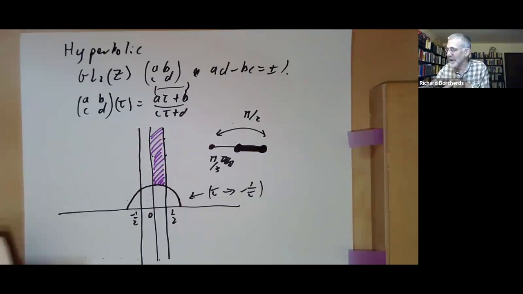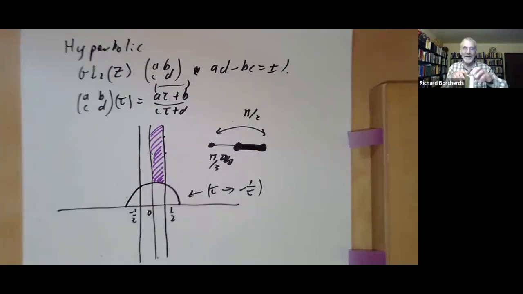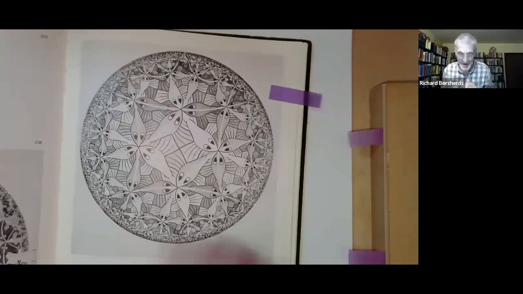It looks as if it's getting really cramped and tiny near the edge here, but that's because when you embed hyperbolic space in Euclidean space, you have to distort, and it's not really getting cramped up there.